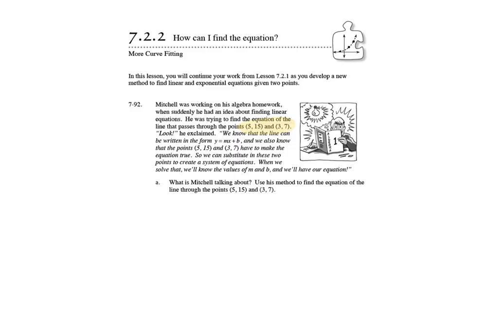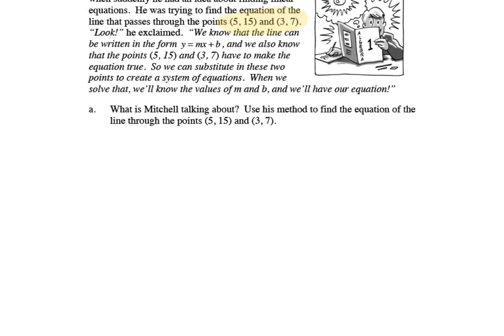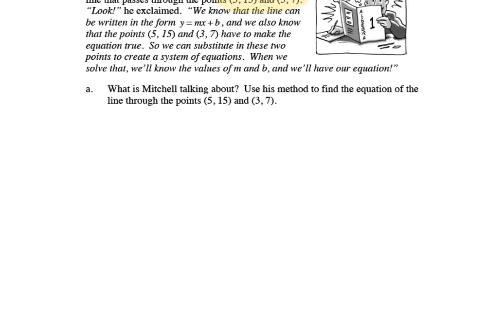So what he's saying is he's going to plug in (5, 15) for x and y, and then in the other equation, he's going to plug in (3, 7) for x and y. And what he's actually going to do is find the values of m and b. So let's look at what Mitchell is going to do. We're going to take the points (5, 15).